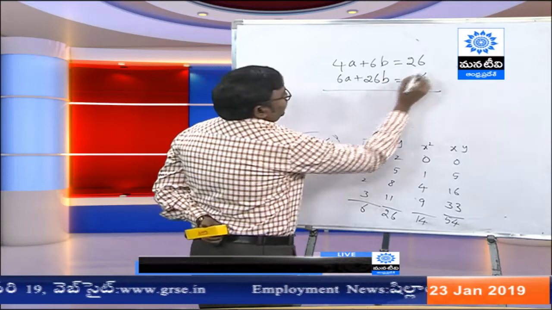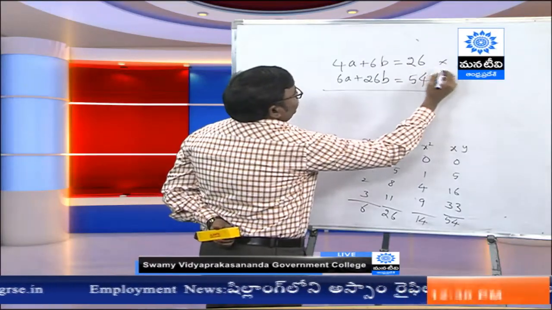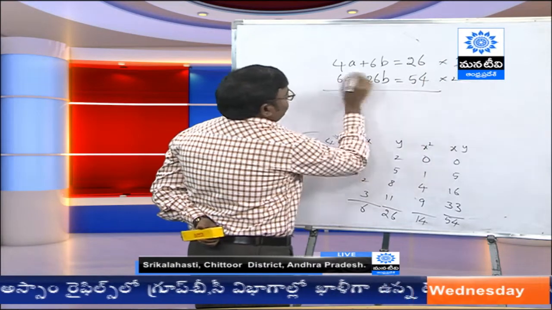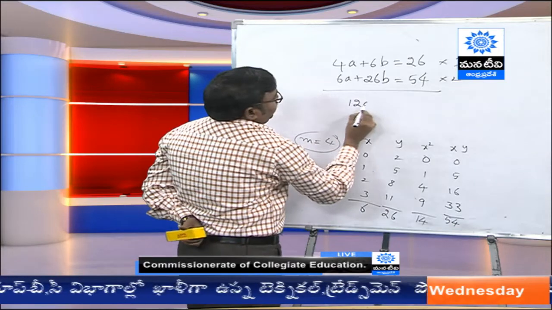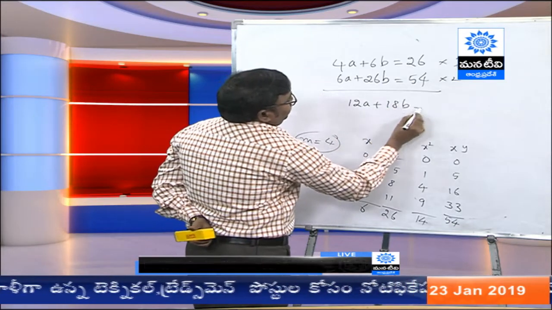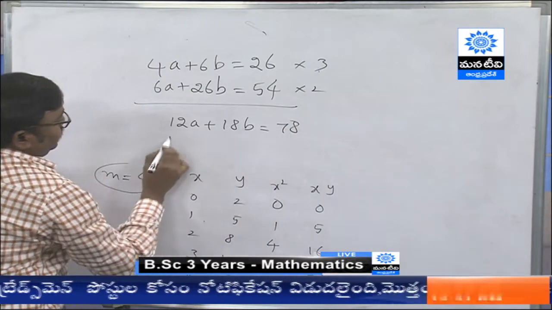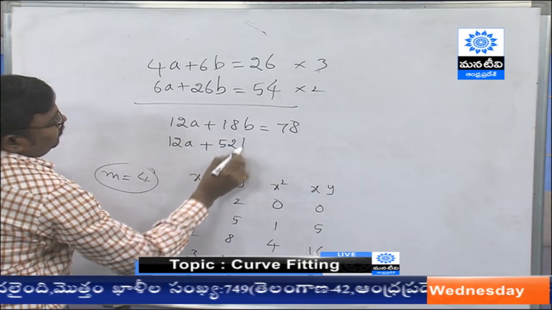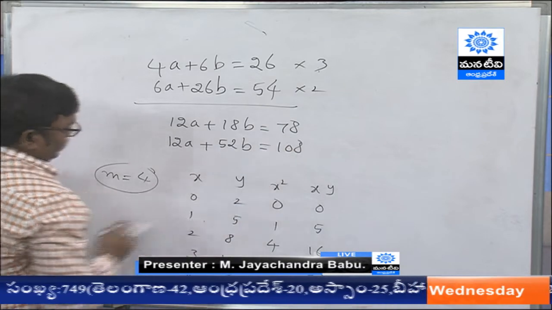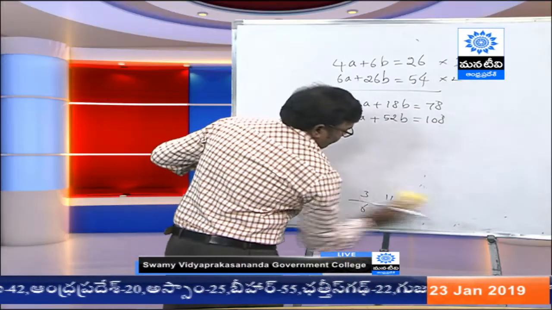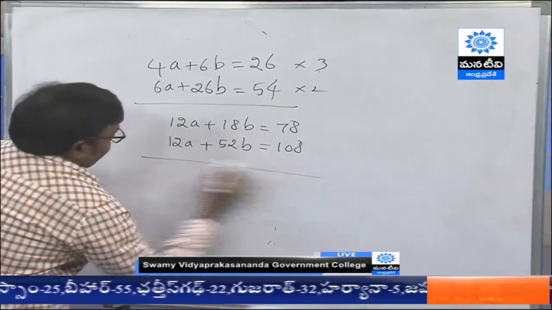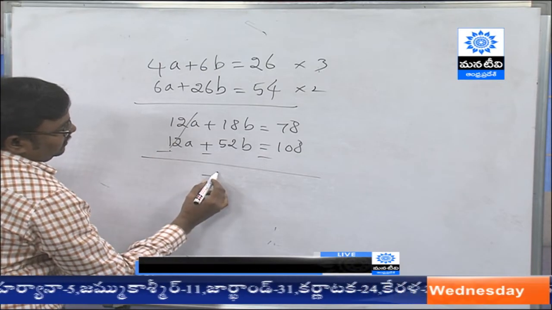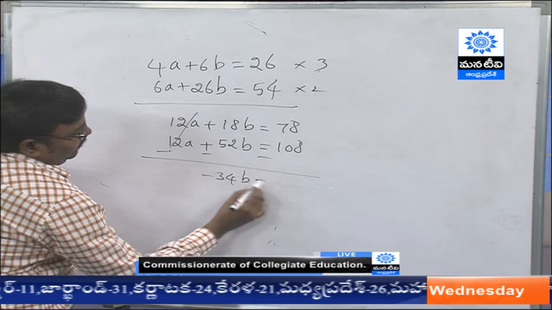On solving these two equations we can get the required values of a and b. Here we can multiply this one with 3 and that one with 2, so the first equation will become 12a plus 18b equal to 78, and the second equation will become 12a plus 28b equal to 108.